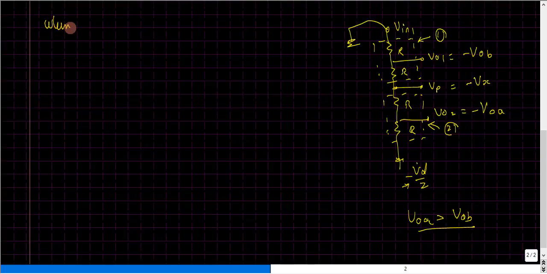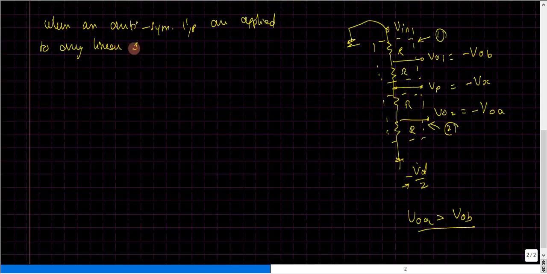So now I'm just going to write some of the intuitions that we have developed here. The first thing is, when an antisymmetric input is applied to any linear symmetric circuit, the outputs are going to be antisymmetric.